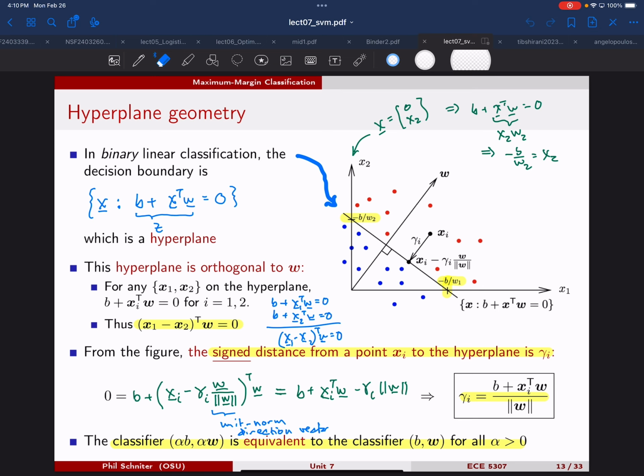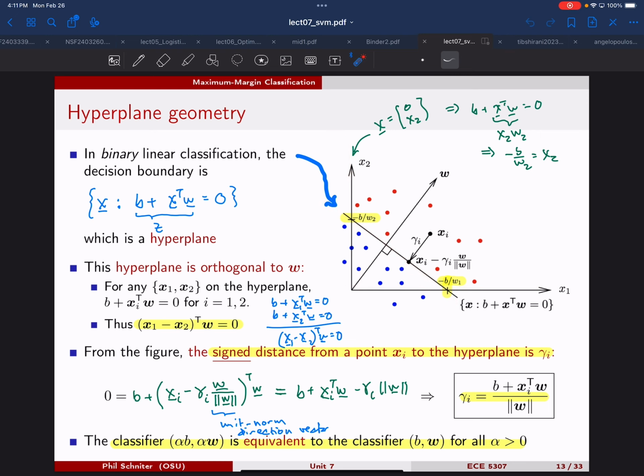So one thing we learned last time is that if the decision boundary is, let's say, here, then the W vector, the vector of the weights, not including the intercept, is orthogonal to it. We also saw that if you know the decision boundary, you can get a lot of information about the W's and the B by looking at where the boundary intersects the coordinate axes.